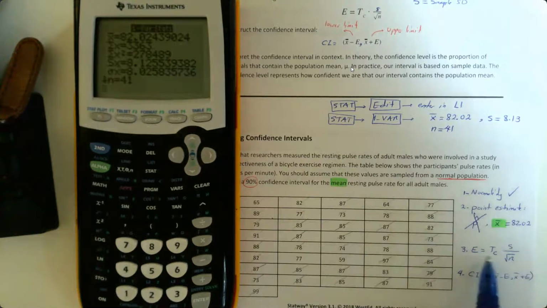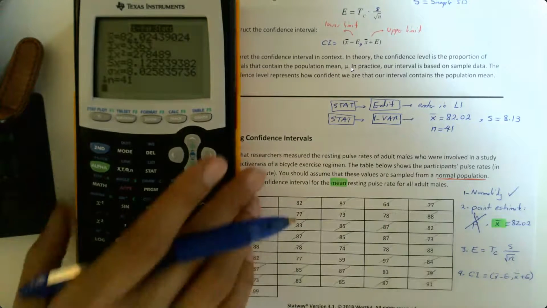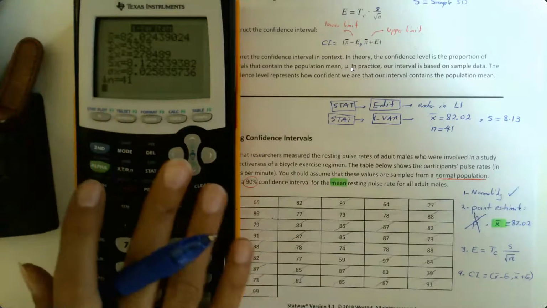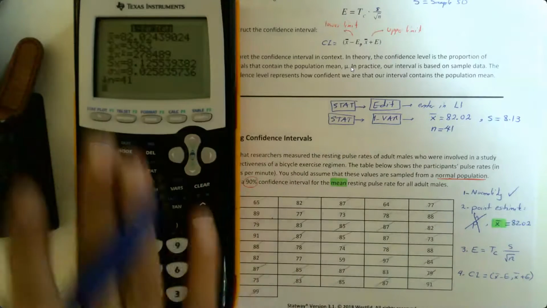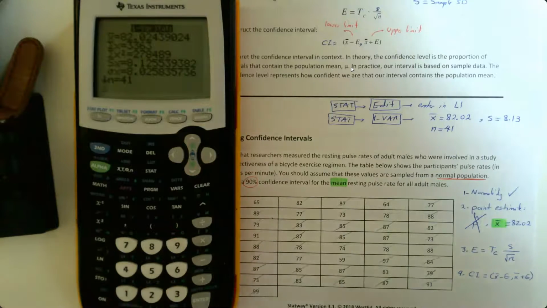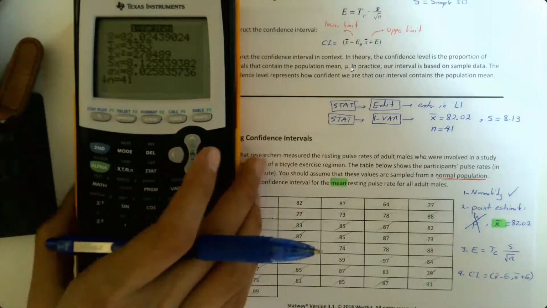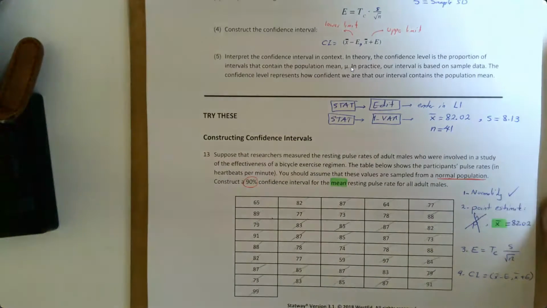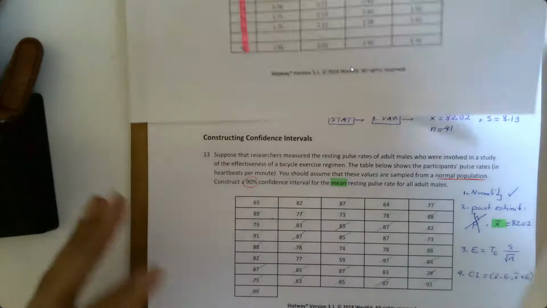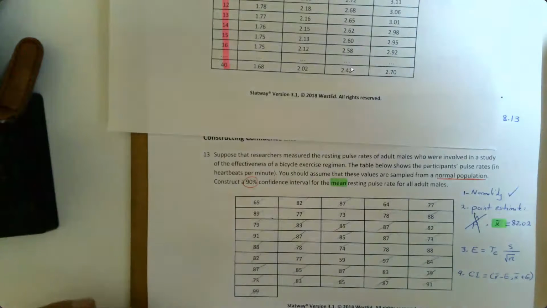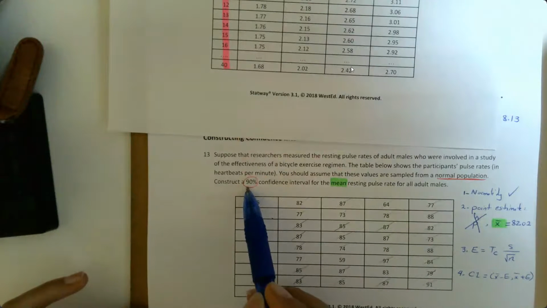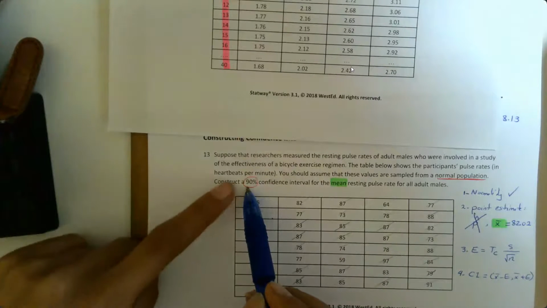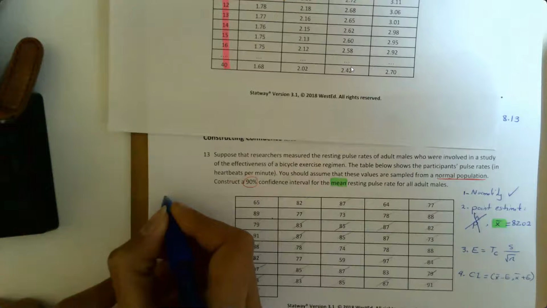Now I need to find the margin of error. To find the margin of error, for now, I'm not going to use my calculator. I'm going to use the calculator eventually to make sure I did everything right. So I'm going to put it away. Now I'm looking for my table. My table says I have a 90% confidence level.